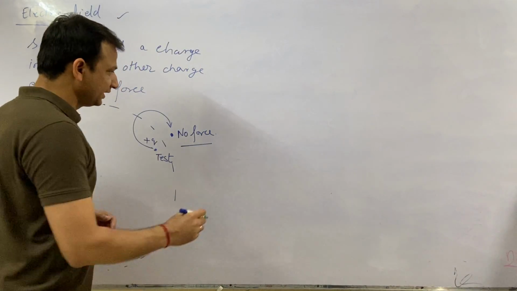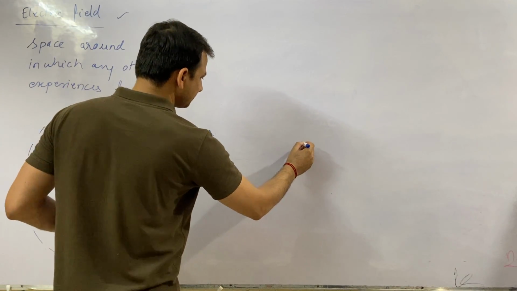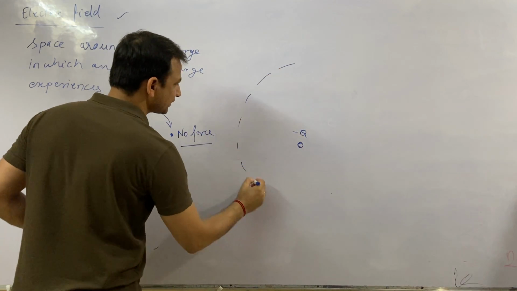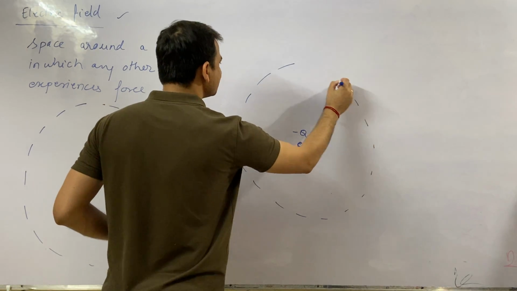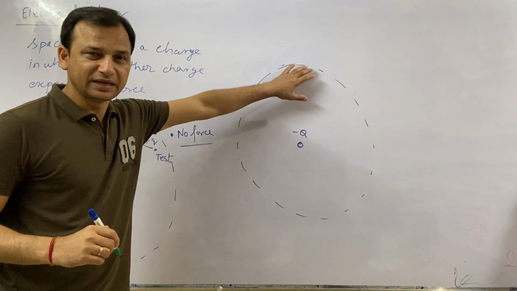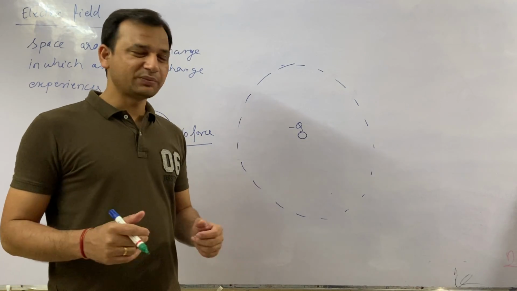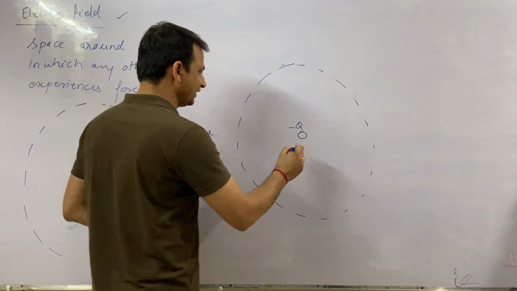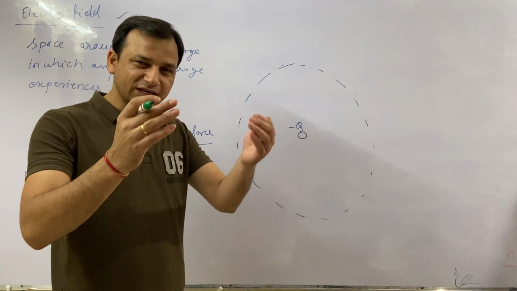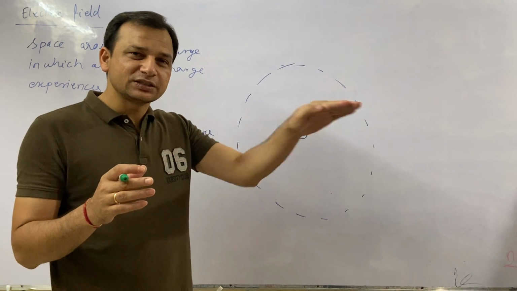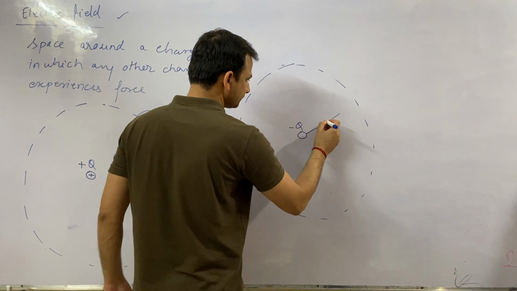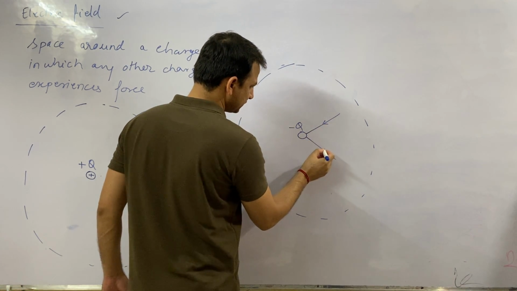If we take a negative charge, the same thing can be said about the negative charge as well. There would be a region within which this charge will apply force on the other charge. Electric field can be represented by electric field lines. In case of a negative charge, electric field lines point towards the negative charge, something like this.